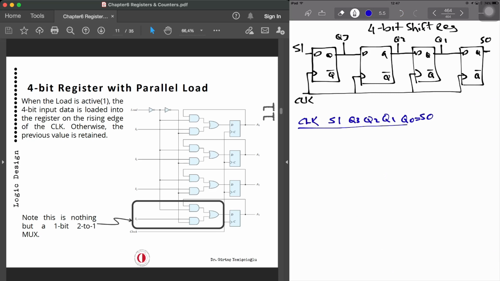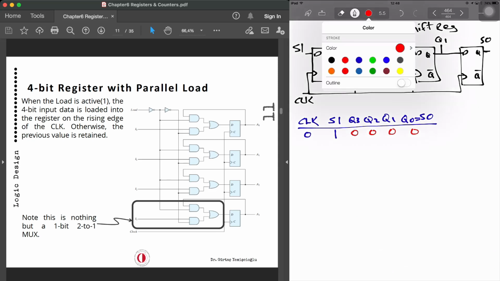Now, how are we going to use this? At clock 0, okay, serial in, let's say we have got a number. Let's say serial in is 1, okay? Now, we are at the beginning, nothing is working at the moment, so that means all of the flip-flop outputs are going to be 0, 0, 0, and 0. So we are just over here now. We haven't done any operations yet at clock phase 0.